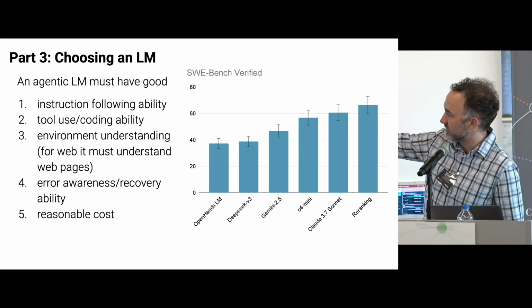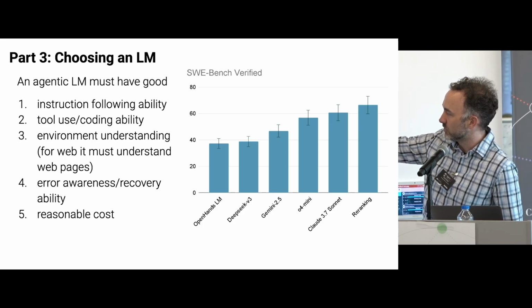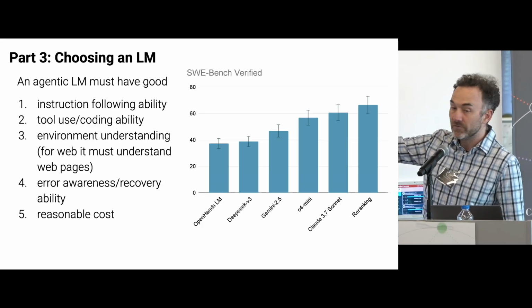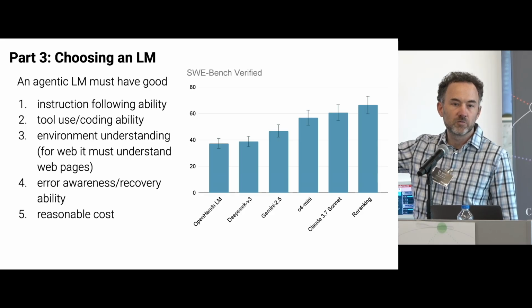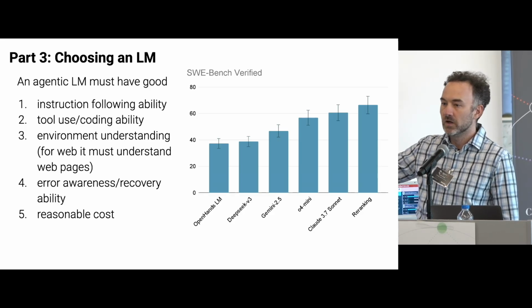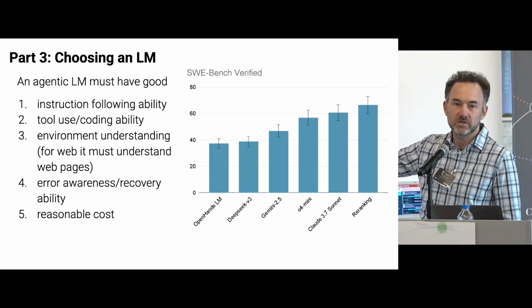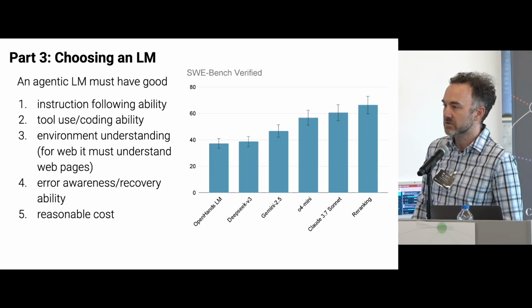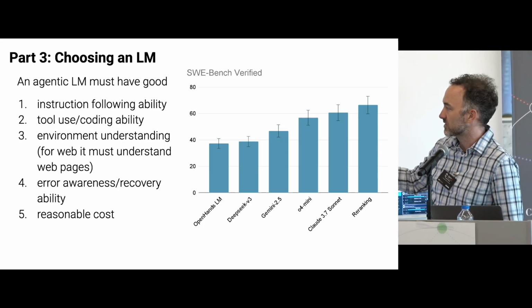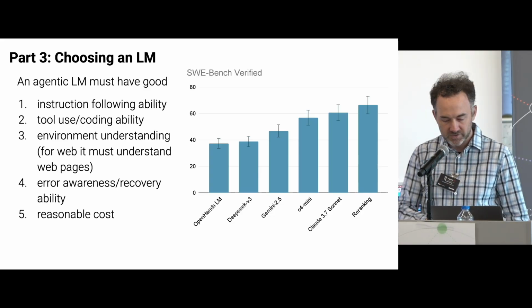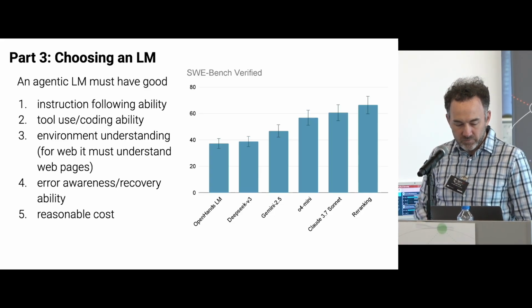O4 Mini is at about 56% accuracy from OpenAI. Gemini from Google is at about 48. DeepSeek is about 38. And we've trained a small model that you can run on a single GPU that is competitive with DeepSeek. We're continuing training models so we can use them as alternatives to the more expensive counterparts. I'll talk about the re-ranking part in a second.